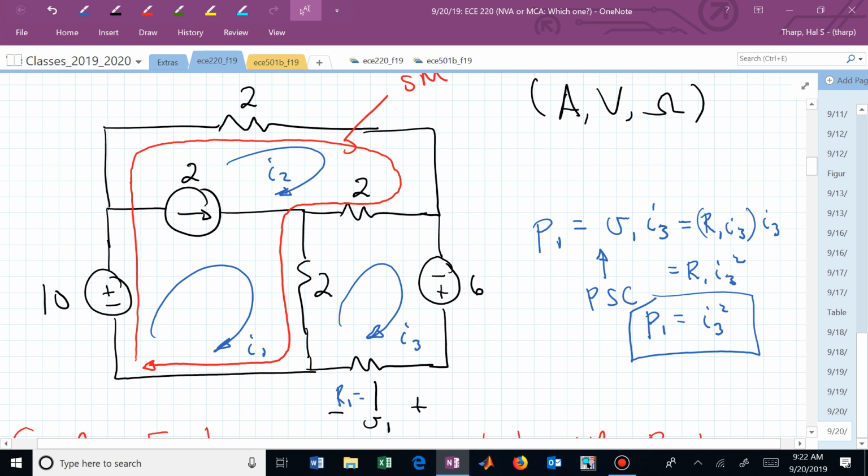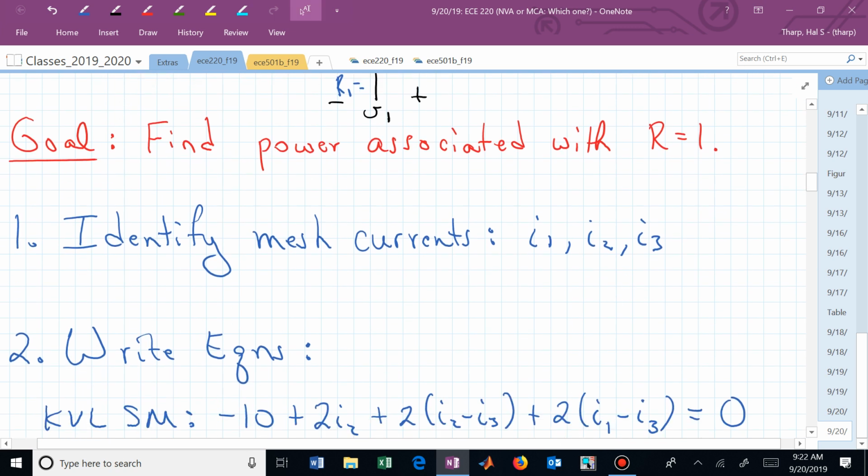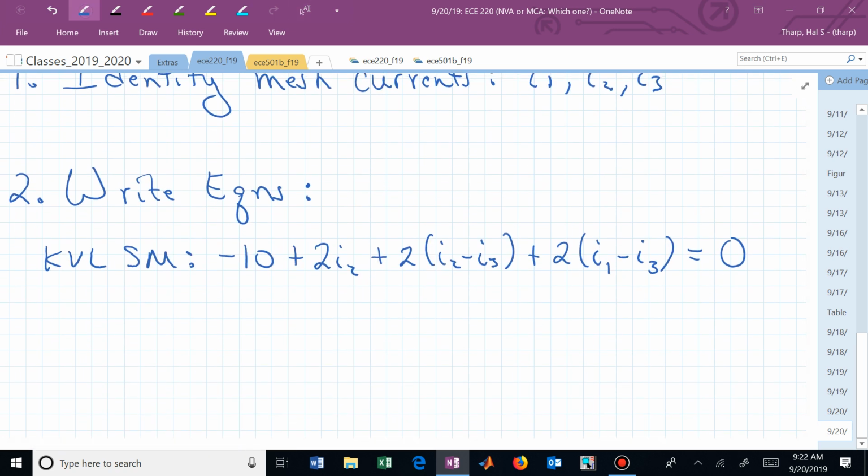And how are they going right? Well, I1 minus I2 is the net current going right. That combination needs to equal 2. Because of the super mesh, we have a constraint equation.